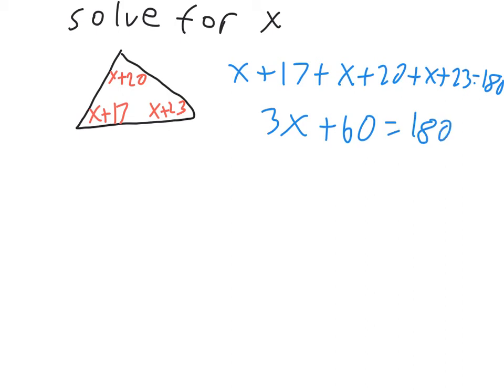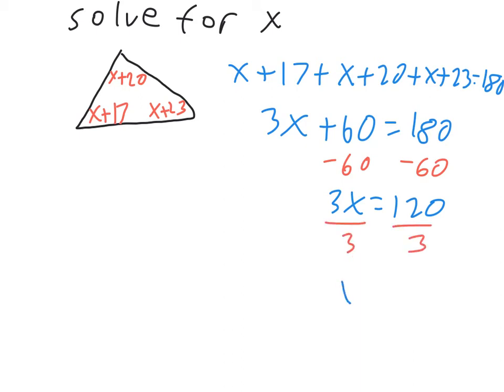And then solve for x. Subtract 60 from both sides. Gives us 3x equals 120. Divide both sides by 3. And x equals 40.